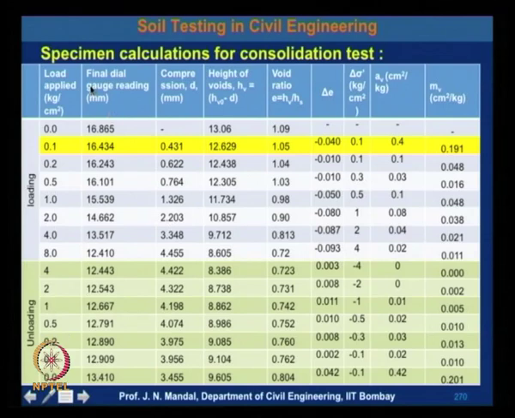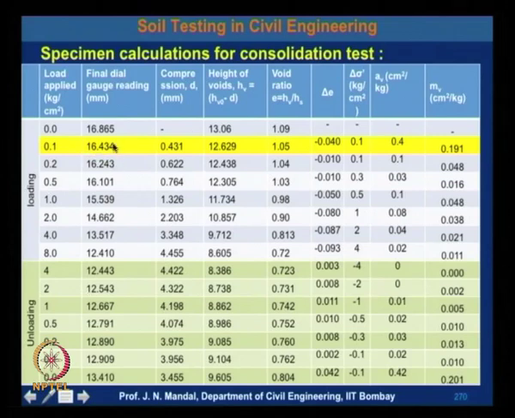Then you take the final dial gauge reading. So, your starting reading is initially 16.68, this is 16.865, then 16.434.